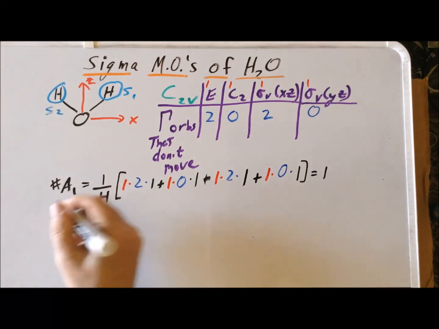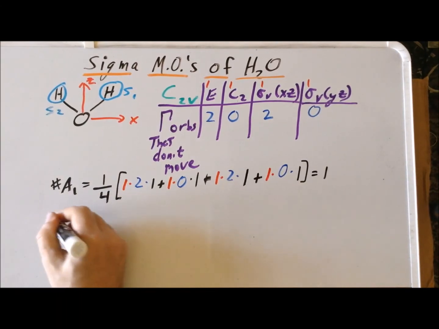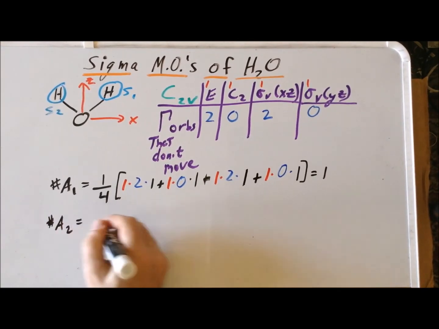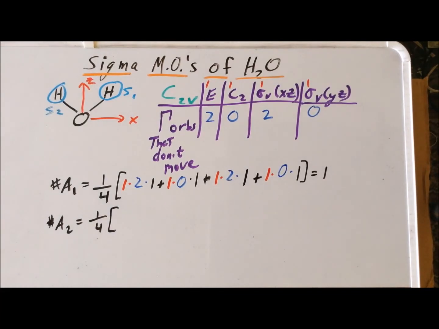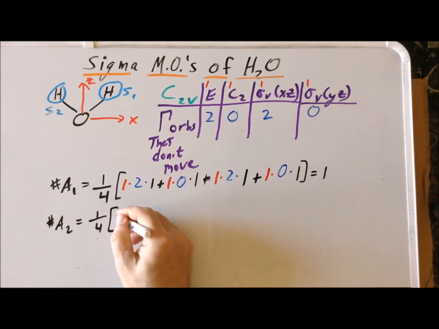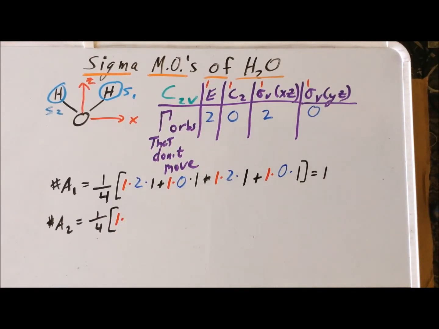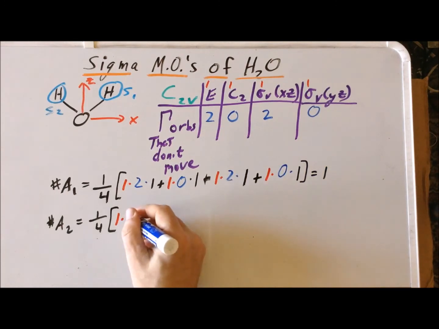Next, we want to see how many A2s are present. So again, we start with 1 over 4. The first class is E, so we have 1 operation in the class. The character from the reducible representation is a 2.